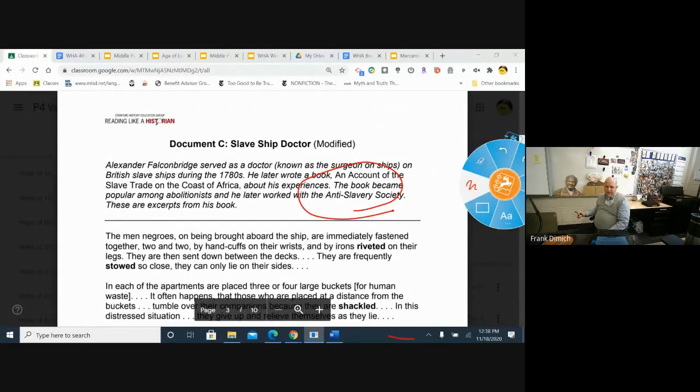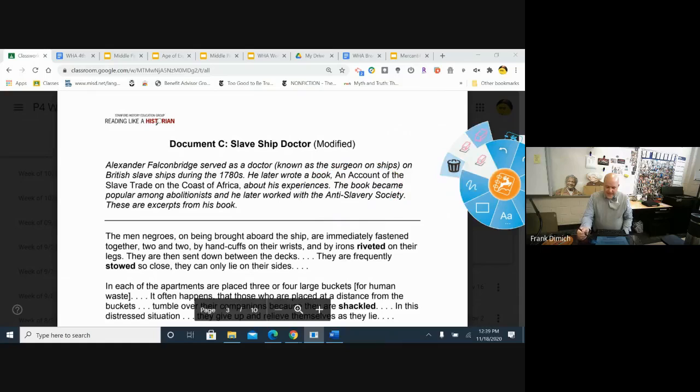If you look at his description, that slave ship doctor, Falconbridge, ends up working with the Anti-Slavery Society. So clearly he's writing this afterwards, and his perspective is that he's against slavery. So he's trying to drive home a point, right?